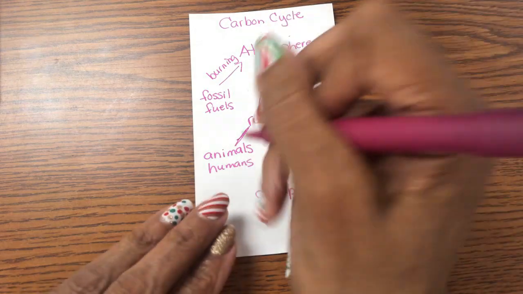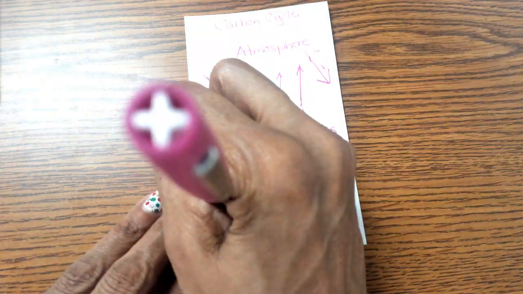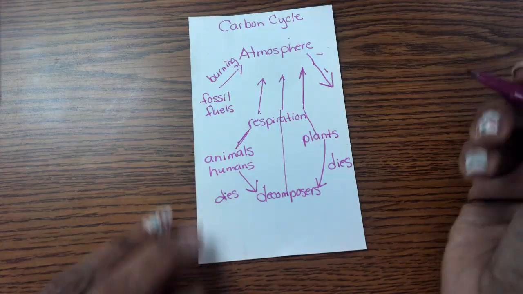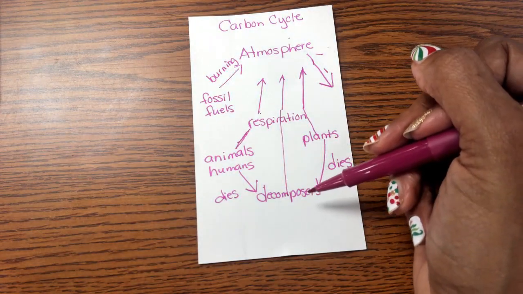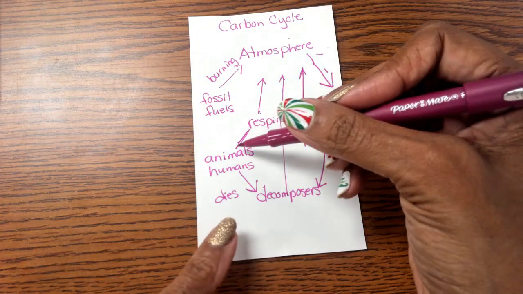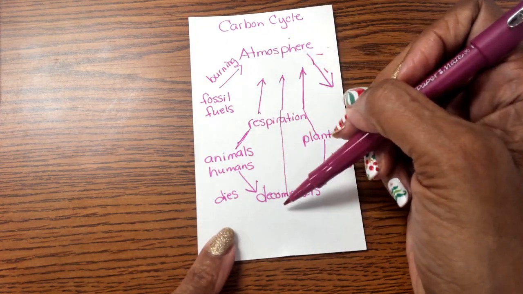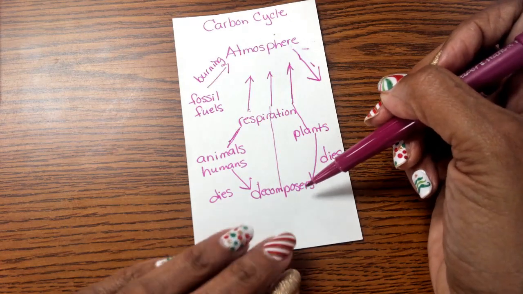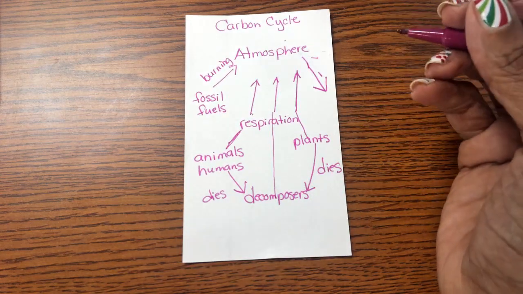Okay? And then I'm going to draw an arrow down here as well, because when animals die and decompose, that also puts carbon back into the soil. So when animals exhale, it puts it in the atmosphere. When it dies, the remains get put back into the soil.